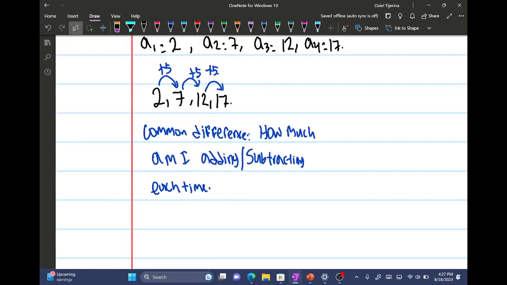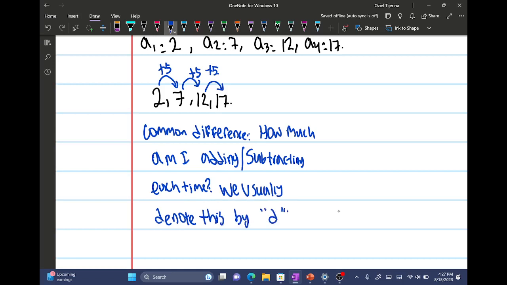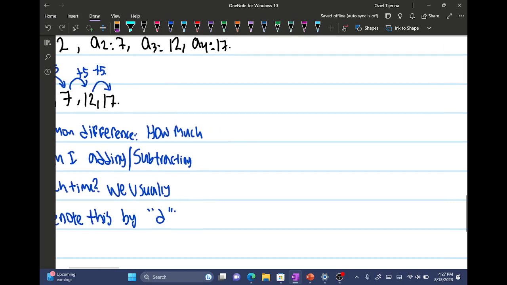So here, like we said, we're adding 5, and we usually denote this by D, so D would be my common difference.